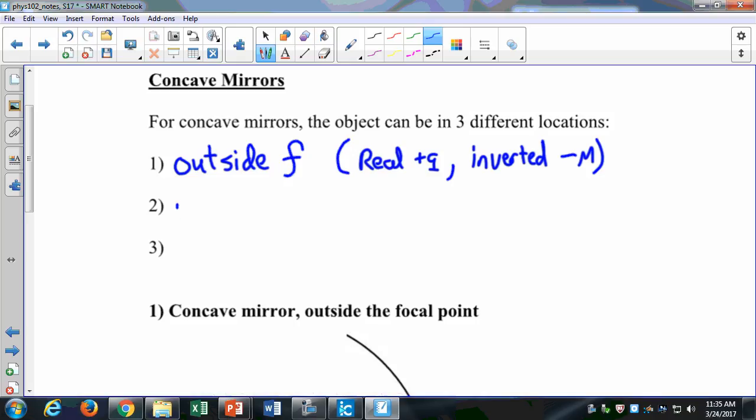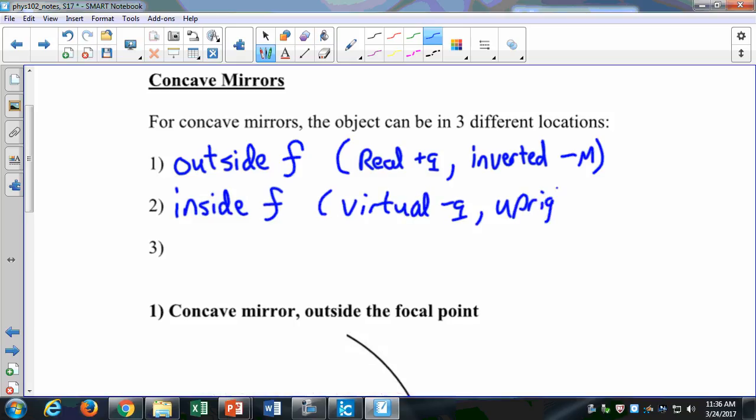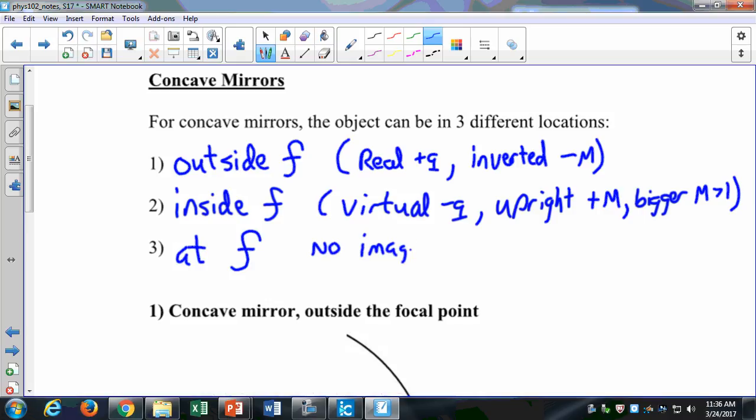When I'm inside the focal point, I get a virtual, i.e. negative q, upright, i.e. positive m, and bigger image. That means m is bigger than 1. We've already written that, but it's useful to rewrite it just to help you remember. And then I can be at the focal point, and no image at all. Okay?